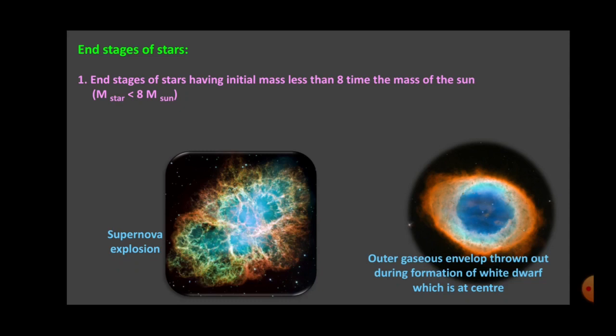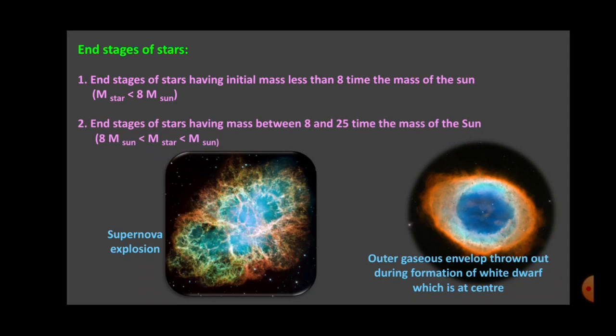Now the temperature keeps on decreasing, but its size and mass remain unchanged, and thus the white dwarf is the end stage of stars which come in this group where their mass is less than 8 times the mass of the sun.